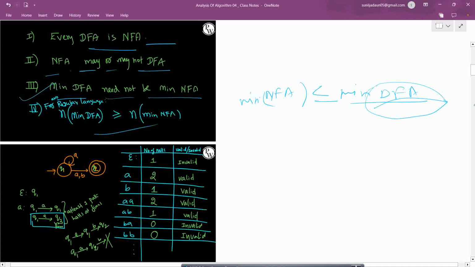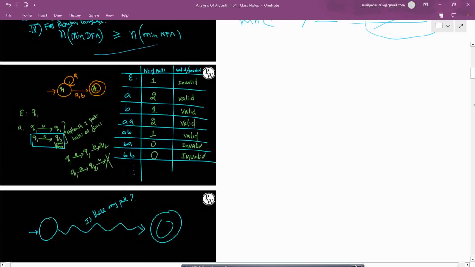So how do we do that? Q1 is the initial state, and for A there could be at least one path that holds at final, Q2 I mean.